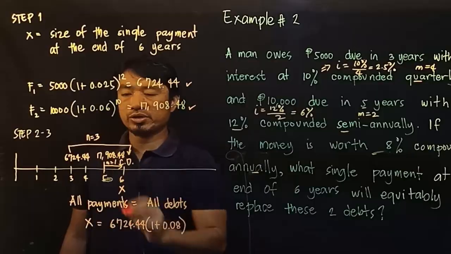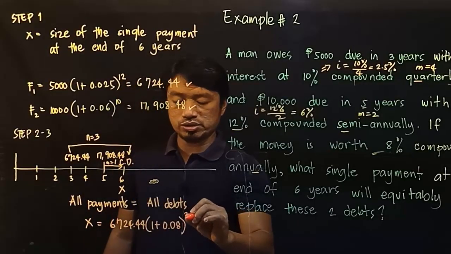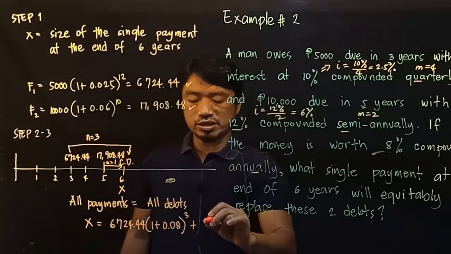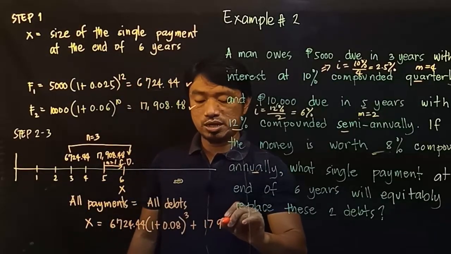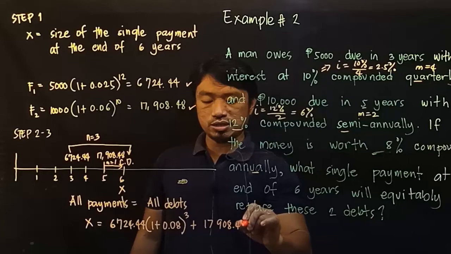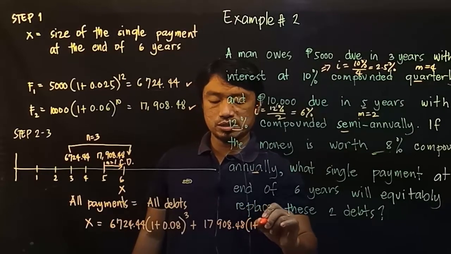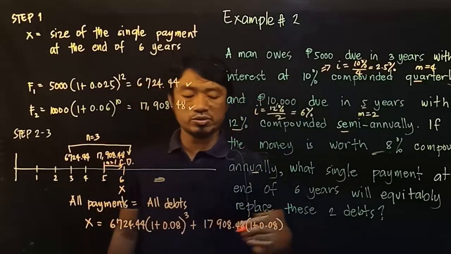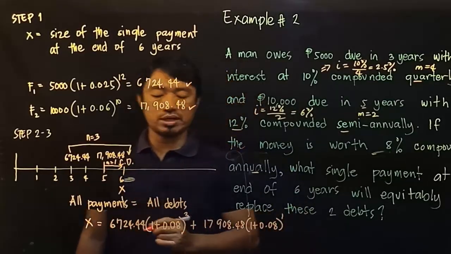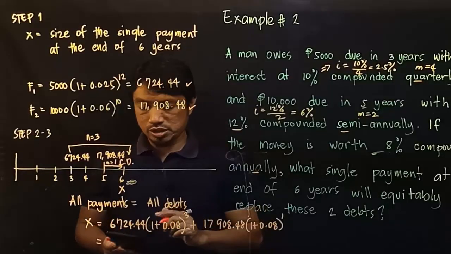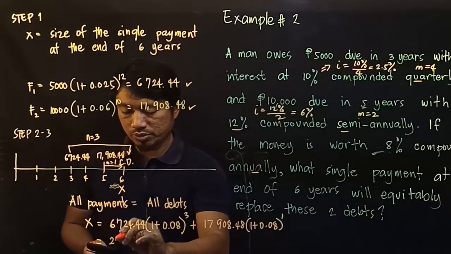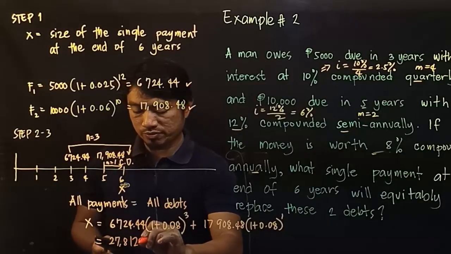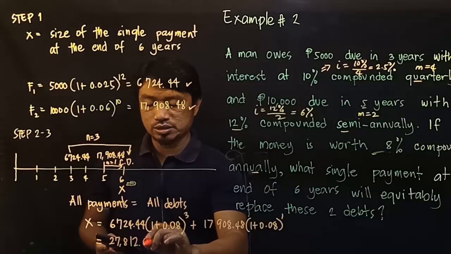There are 3 periods for this quantity, raised to 3, plus the second debt, 17,908.48 times 1 plus 0.08 raised to n equal to 1, raised to 1. And this amount is equal to 27,812.01.